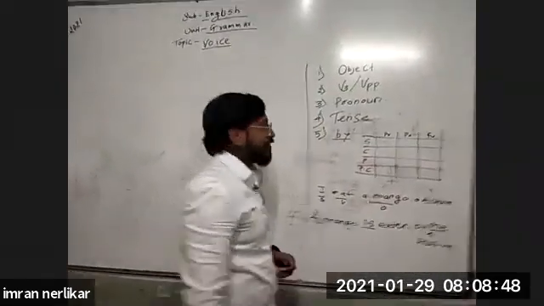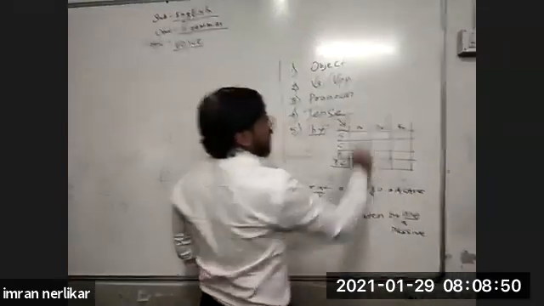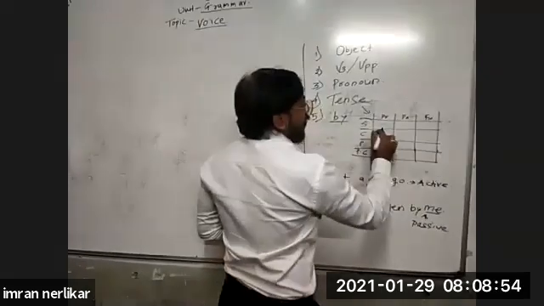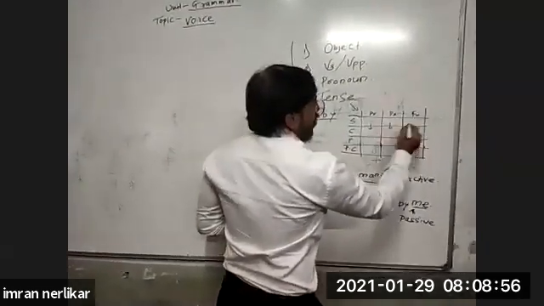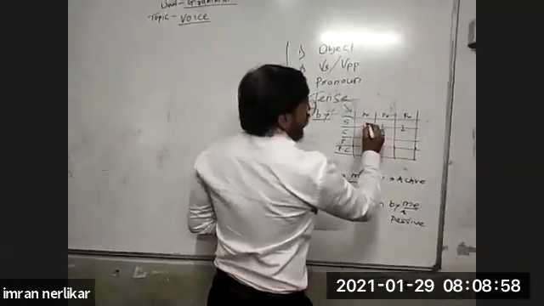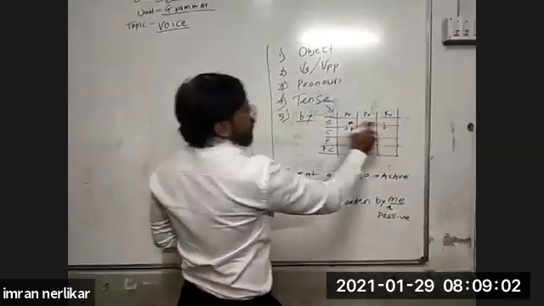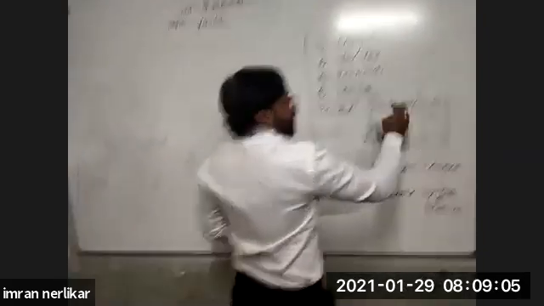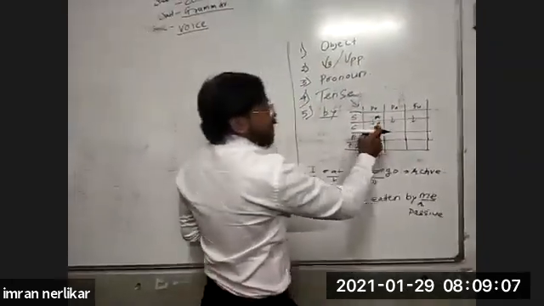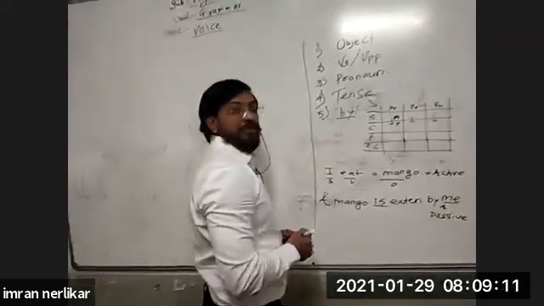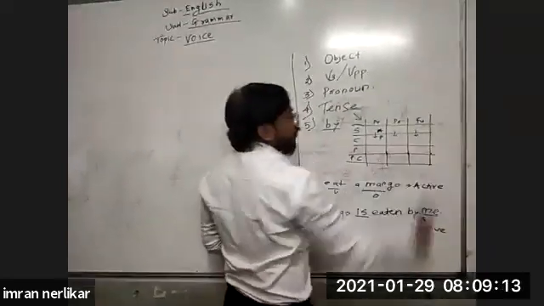Always visualize this chart for tenses. Now the sentences which are in simple tense become passive in continuous tense. Simple present becomes passive in continuous present, simple past becomes passive in continuous past, and simple future becomes passive in continuous future.